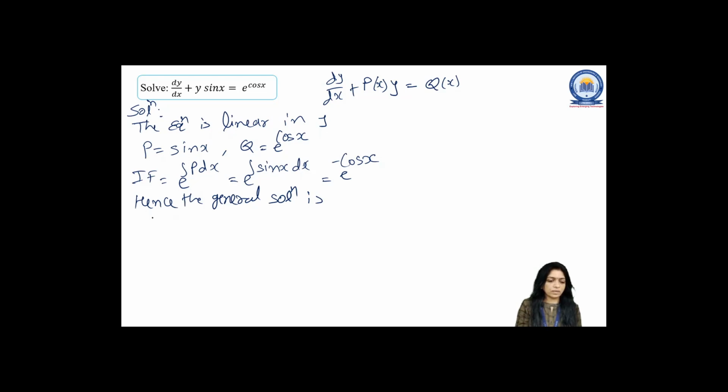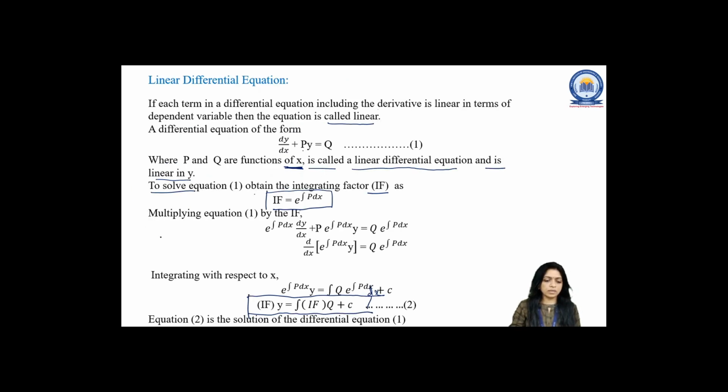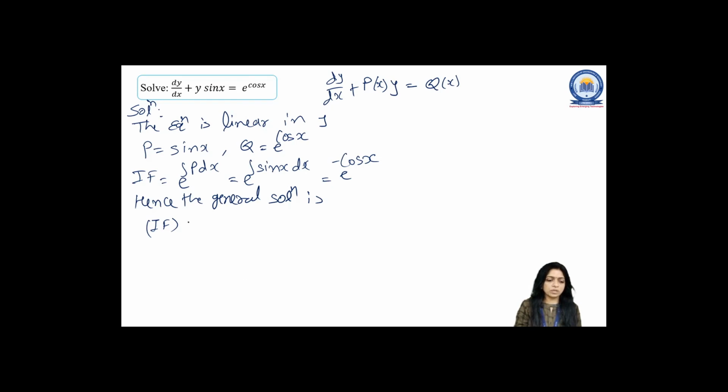See, this is the formula. Integrating factor into y is equal to integral of integrating factor into Q plus c. So integrating factor into y equals integral of integrating factor into Q with respect to x plus c.